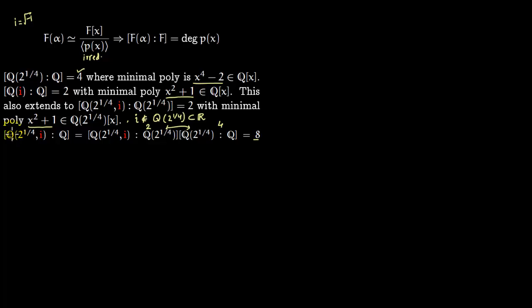So adjoining 2^(1/4) and the complex number i to the rationals, the degree over the rationals will give you 8. Notice that we had to proceed step by step. At every step we had to consider an irreducible polynomial. First you consider an irreducible polynomial here, and this was the second step, and you consider an irreducible polynomial here.